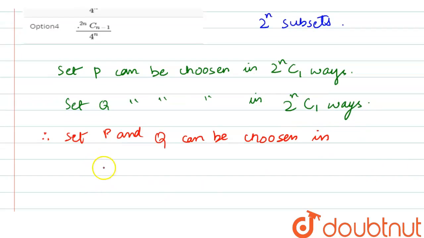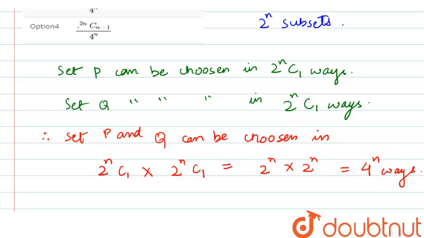In 2^n C1 into 2^n C1 ways. So we get 2^n into 2^n, which is 4^n ways.